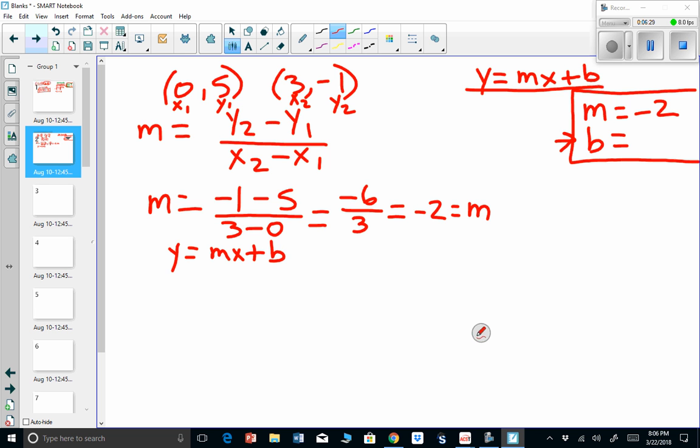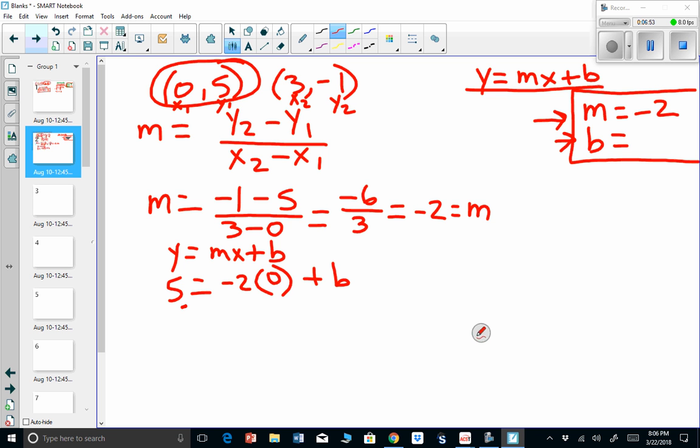We're going to pick our favorite point. We're going to like this one better because there aren't any negatives in it. The y-coordinate there is 5. Our slope from over here is negative 2, which we're multiplying by our x, which is 0 from that point, plus b, which is the thing we do not know.